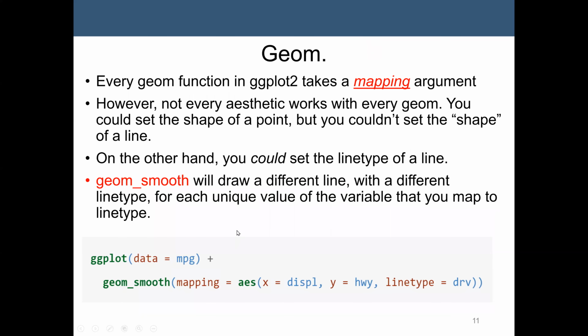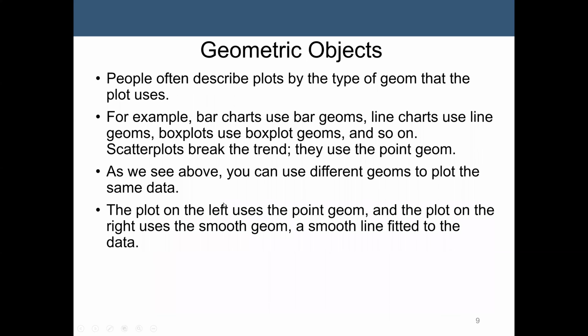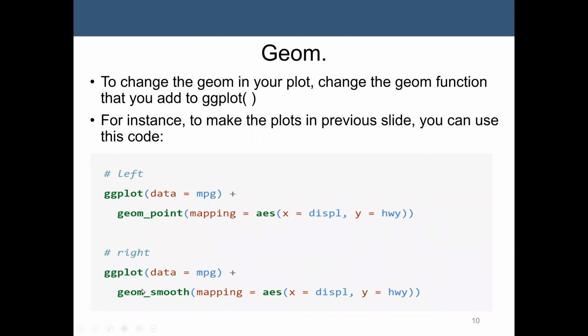We saw this example in the previous slide here. We are using the mpg data set for both of them, but here we use the smooth, and here we use a point. The first one to the left was geom_point, and the second one to the right was geom_smooth.